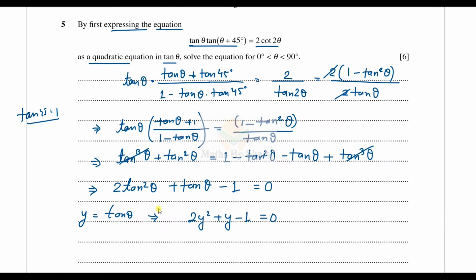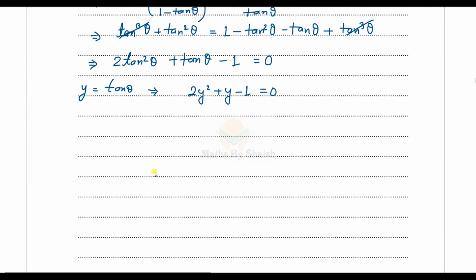Now we will solve for y, and then put y equal to tan theta. We'll use the quadratic formula: y equals minus b, that is minus 1, plus minus root of b square, that is 1, minus 4 into 2 into minus 1, which is plus 8, over 2 into 2, that is 4. Hence we got minus 1 plus minus root 9, that is 3, over 4.